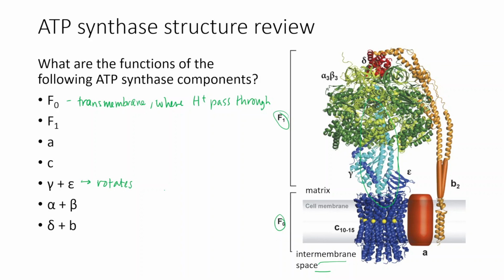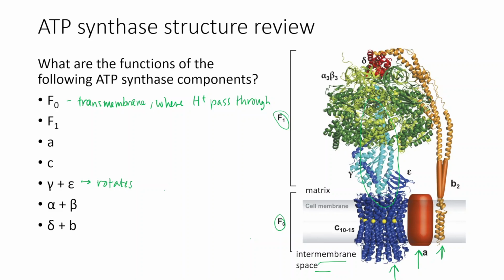Okay, so let's start with the bottom, basically. The protons are entering from the intermembrane space. Are they entering through A? Are they entering directly into C? Are they entering this little B piece? Where do they go in?